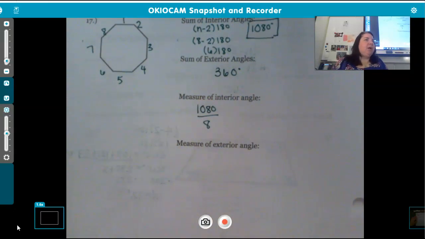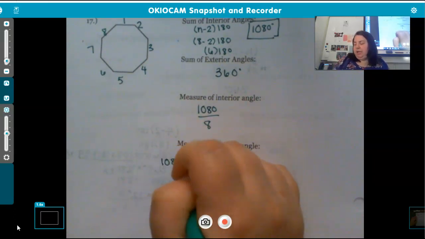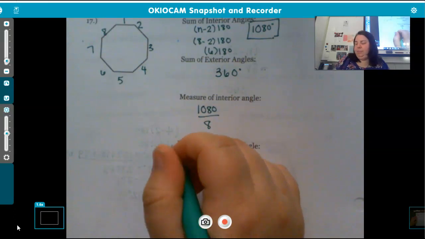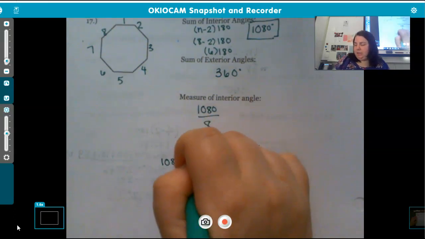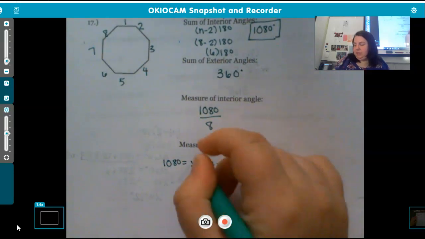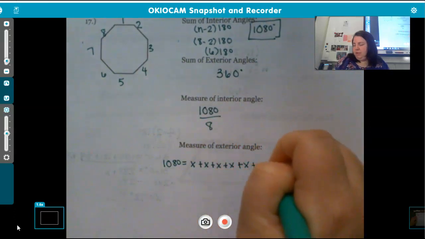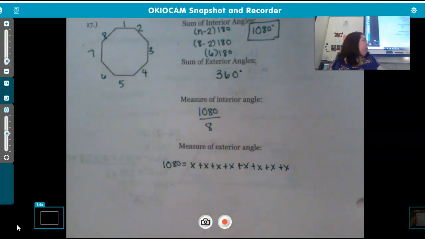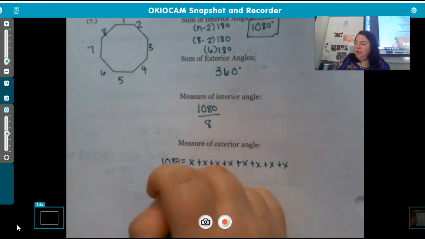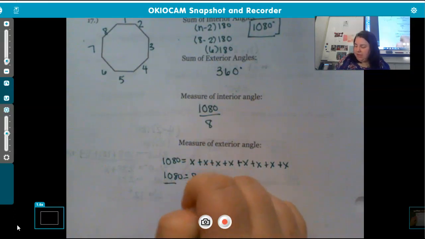We seem to have a mental block on this, so here is one other way we can do this. We could say that 1080 equals x plus x plus x plus x plus x, 5, 6, 7, 8. That gives us 1080 equals 8x, divide both sides by 8.